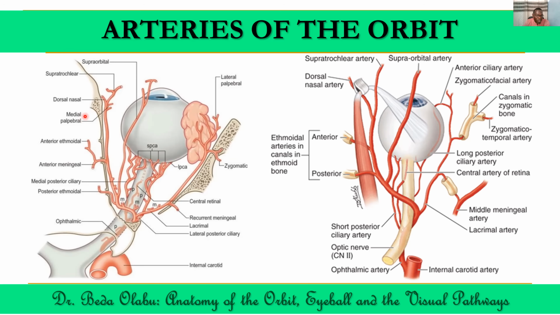We have the medial palpebral branch. The medial palpebral branch is usually anastomosed with the lateral palpebral branch on the eyelid. The palpebra is the eyelid. We have the ethmoidal branches, so the anterior ethmoidal branch, posterior ethmoidal branch. And we have the ciliary branches. The ciliary branches can be classified as medial and lateral.